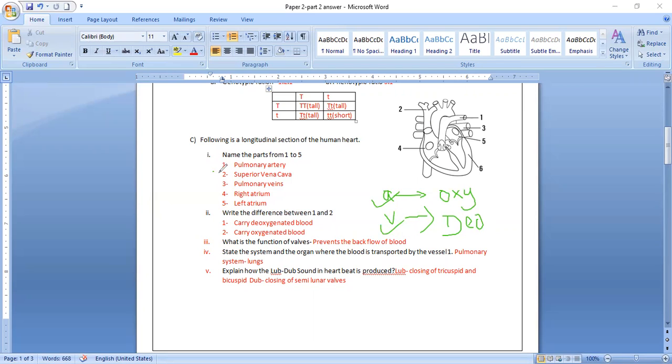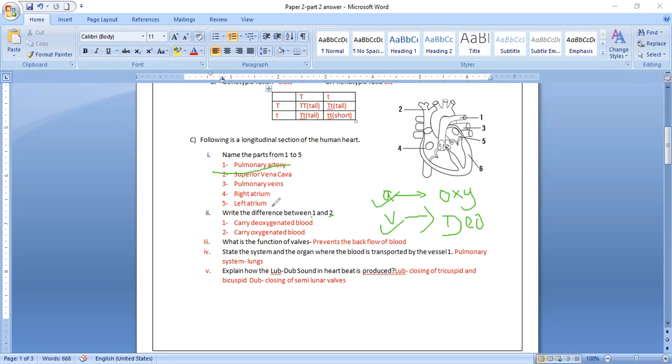So here the first one is pulmonary artery, and the second, not the second. So the question should be write the difference between 1 and 2. So 2 is the superior vena cava. It should not be 2.